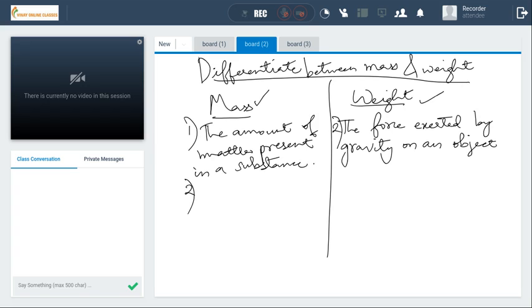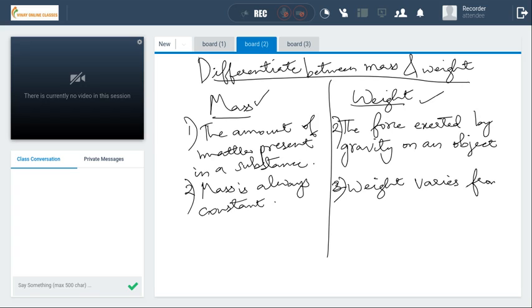The second important point is mass is always constant, but weight varies from place to place. Okay, weight varies from place to place.